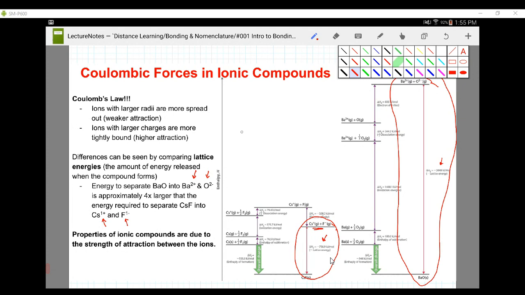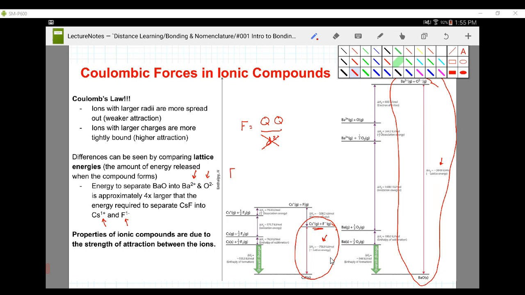This actually perfectly models the equation of Coulomb's law too, with the 2 charges on top and the distance on the bottom squared. Like we had said before, barium and cesium have the same number of energy levels, and so do oxygen and fluorine. So the relative differences between these two ions from one compound to the other are pretty insignificant, leaving just the 2 charges on top.